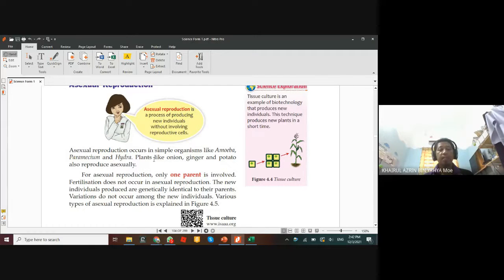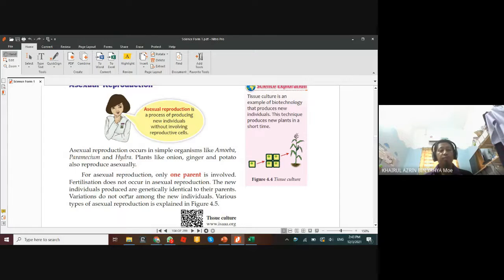Plants like onion, ginger, and potato also reproduce asexually. For asexual reproduction, only one parent, not two. Sexual reproduction, we need two parents, but for asexual, only one parent is involved.